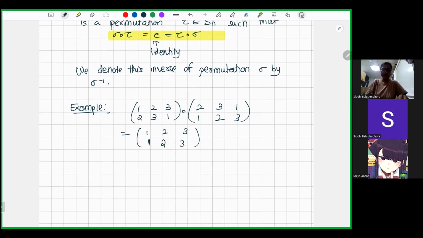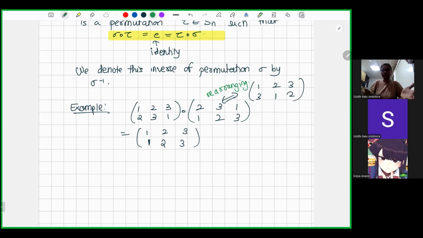This is equivalent to, if I arrange them as 1, 2, 3, which is how we usually look at cycles, 1 going to 3, 2 going to 1, and 3 going to 2. So I'm just rearranging these permutations.